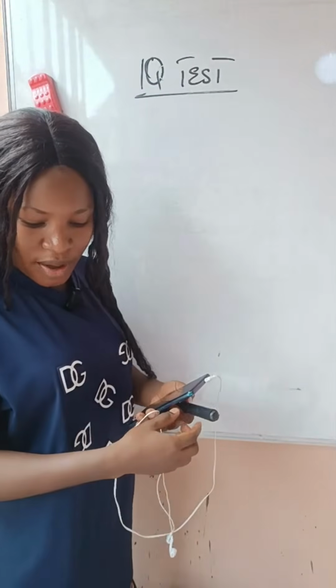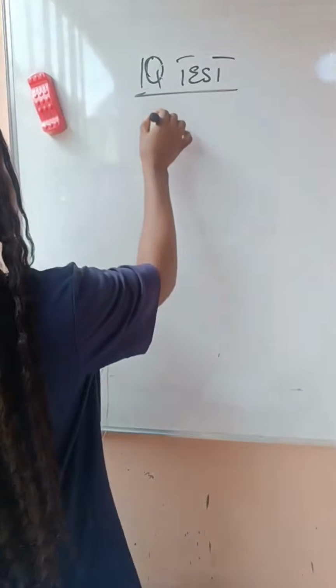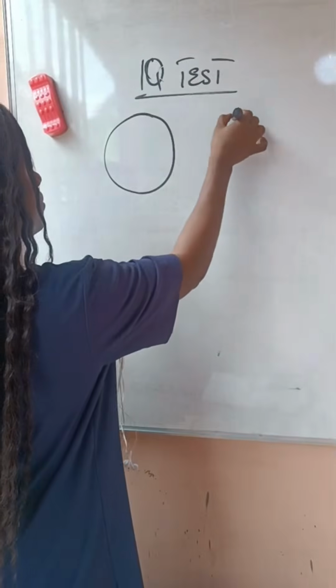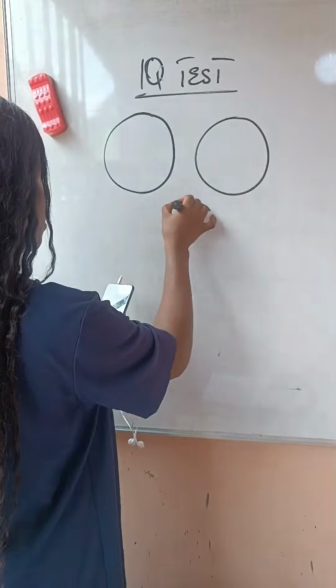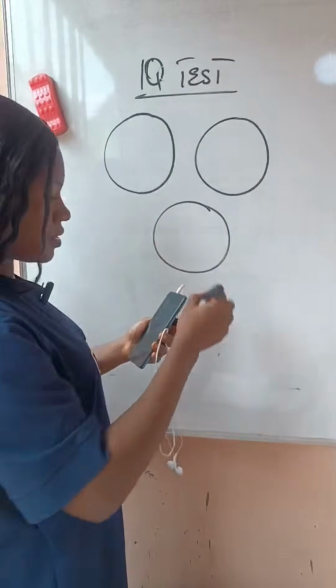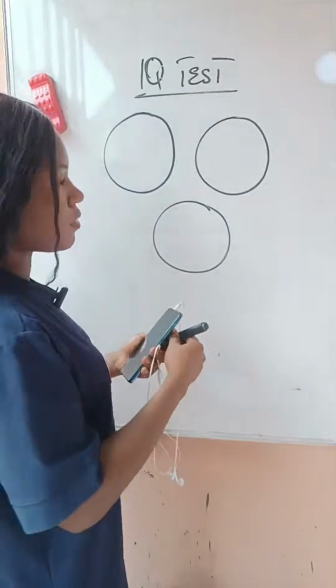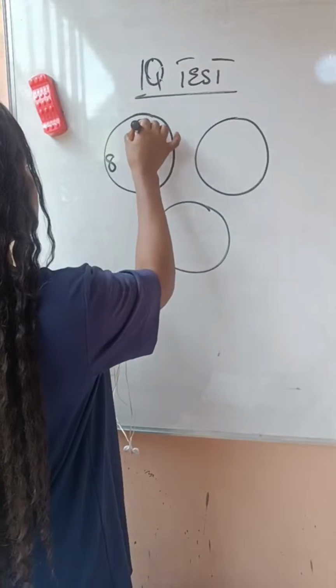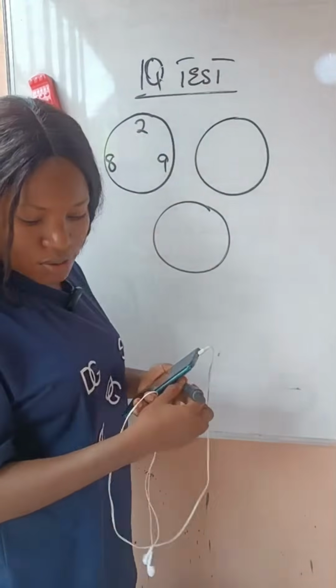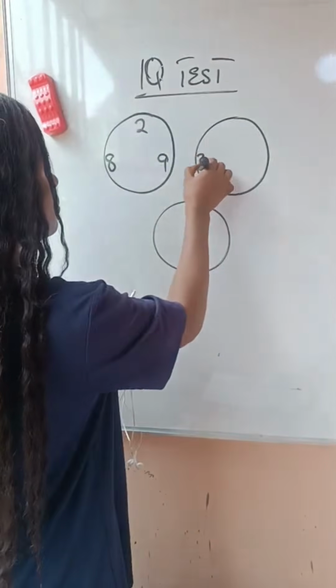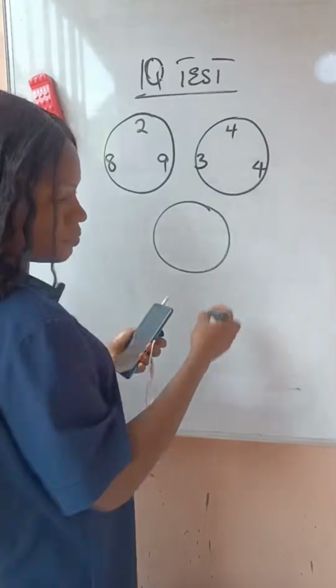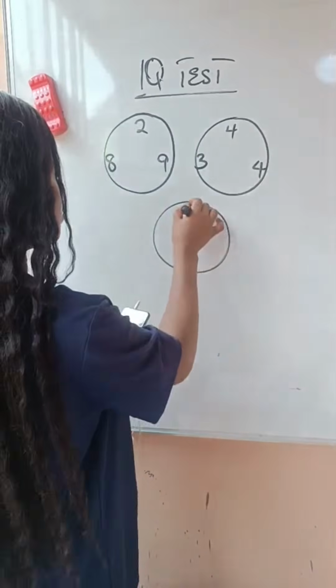Now, we have another question. We have 3 circles. And in these 3 circles, we have 8, 2, 9. We have 3, 4, 4. And we have 10, 5.